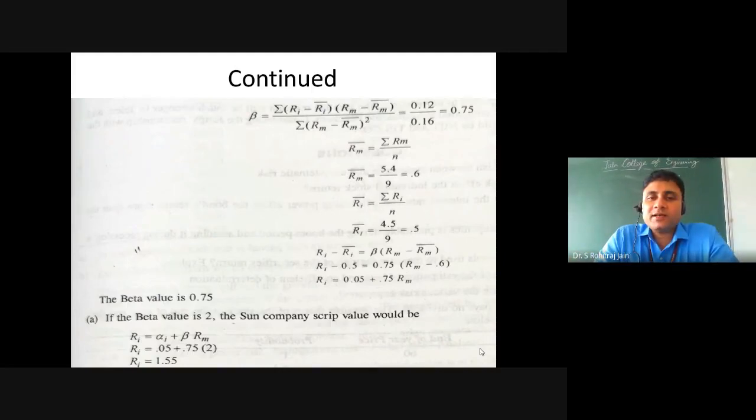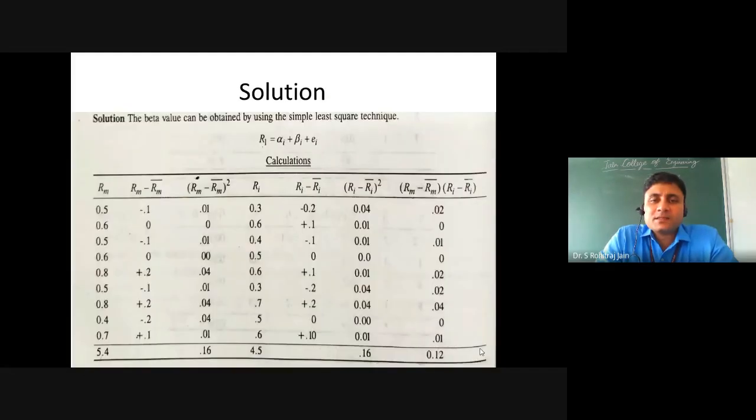For your better understanding, we have mentioned how to calculate Rm bar, which is equal to summation of Rm divided by N, which you got 0.6. So Ri bar is equal to summation of Ri divided by N, which is equal to 0.5. Now I need to bring this in this particular equation. Ri is equal to alpha plus beta into Rm plus Ei.